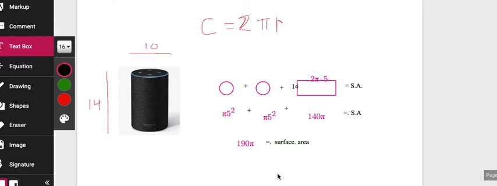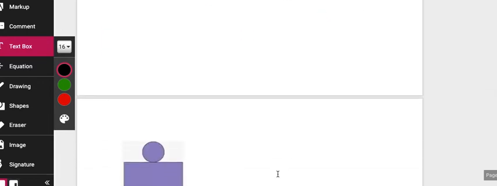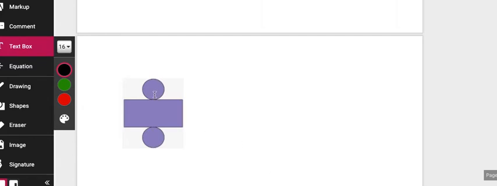All right. So that is finding the surface area of a cylinder. Again, I want to think of it as being broken up into those two circles. So pi times radius squared plus pi times radius squared plus the area of that rectangle.